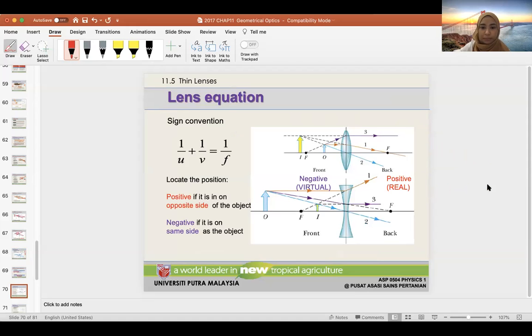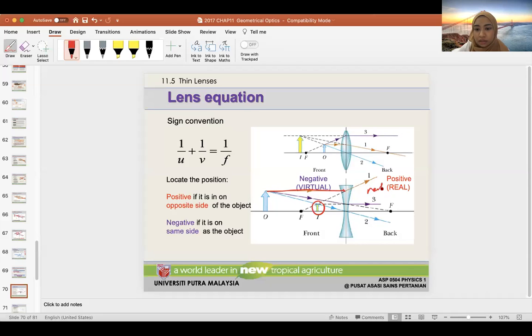Okay, let's talk about the positive real and negative virtual now. Your image is formed here, which is somewhere that you don't expect it to form, right? I think I mentioned this 5 times already. Your light passes through, it wants to be refracted.